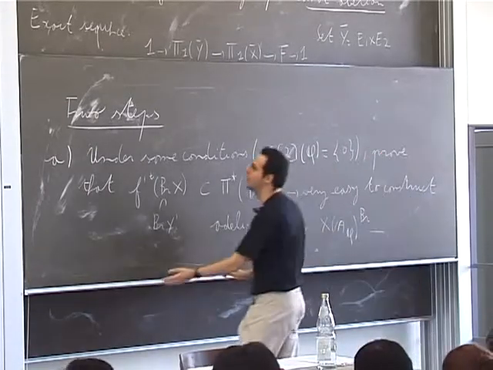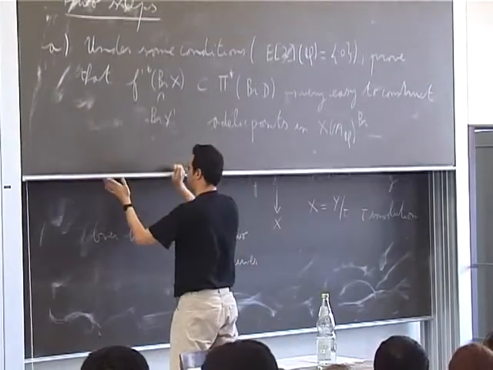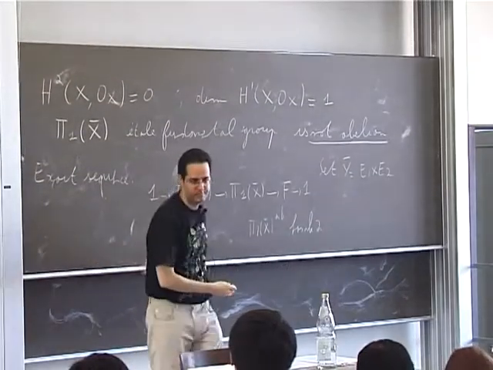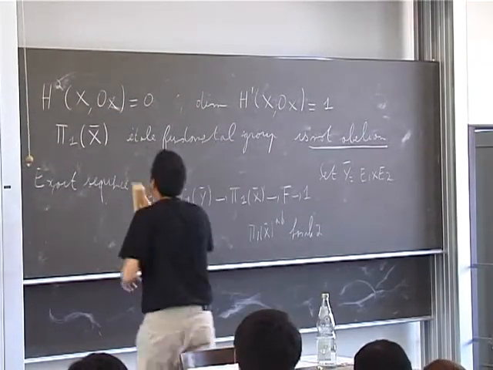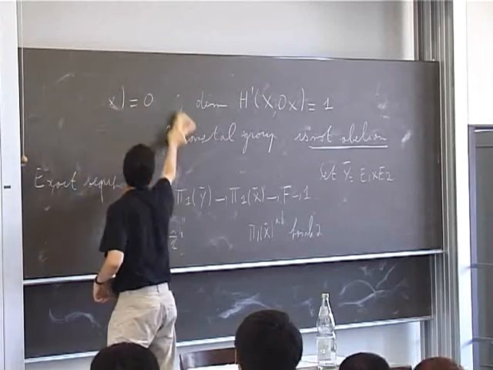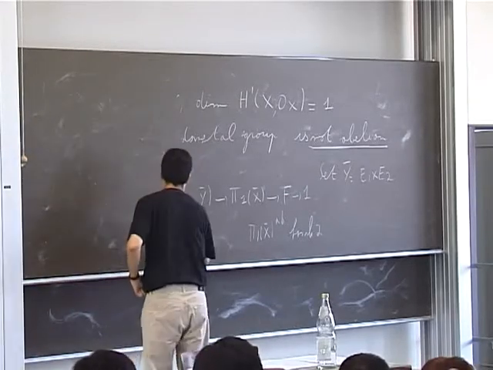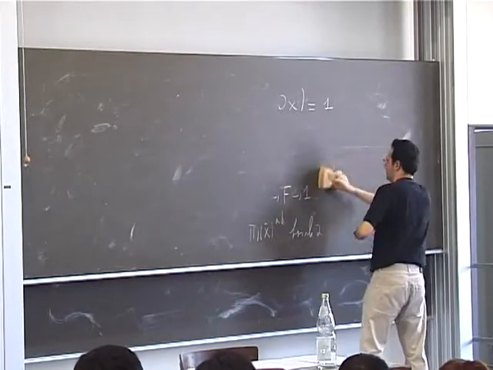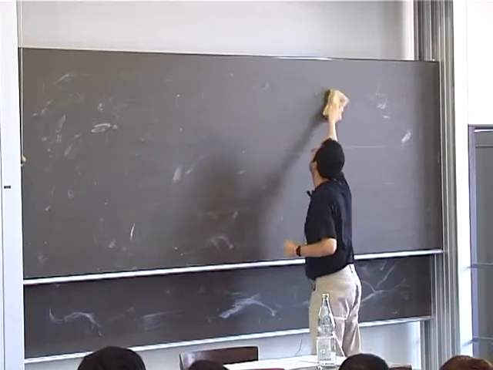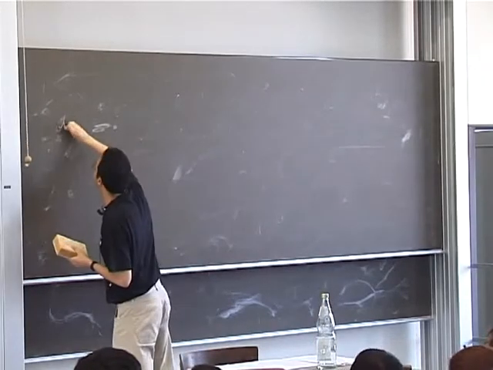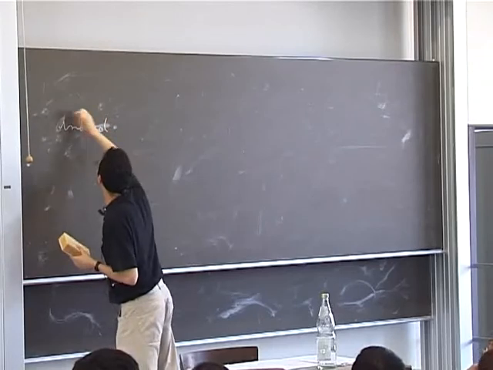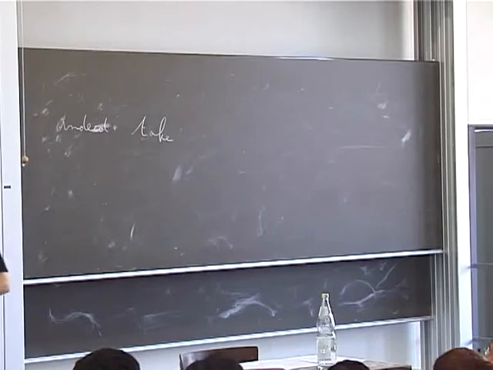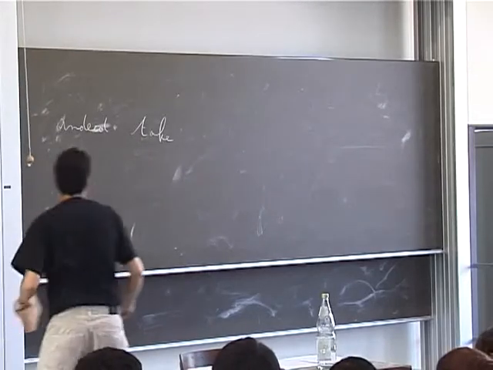Why? So indeed, you just take one adelic point on C prime, because C prime has points everywhere locally.